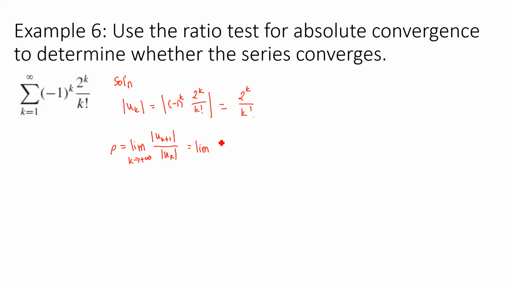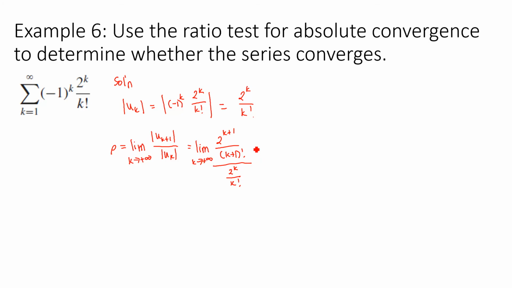So you have 2 raised to k plus 1 over the quantity k plus 1 factorial, all over 2 raised to k over k factorial, as k approaches positive infinity.